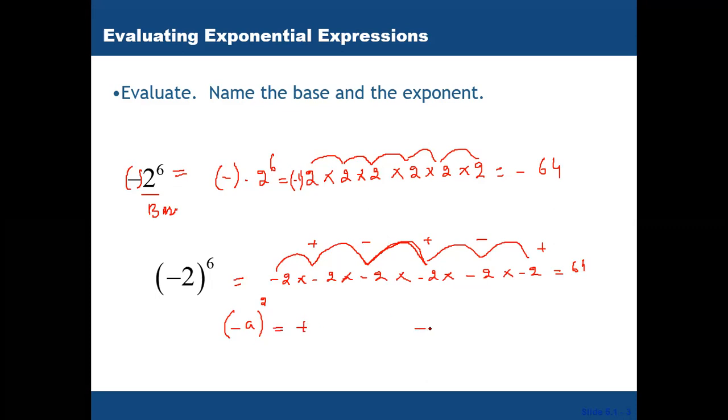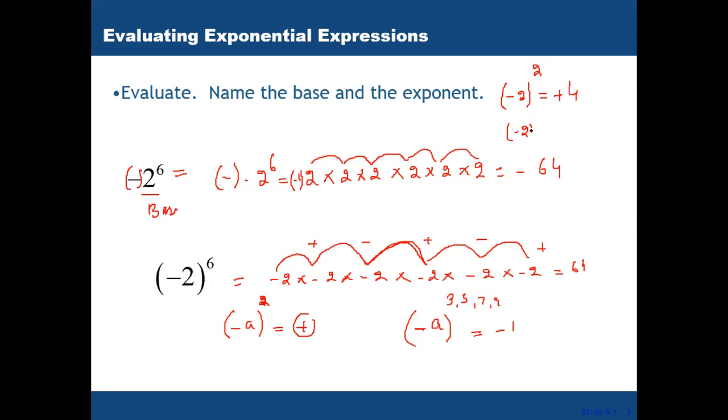So when we have a negative number, but the power is an even number like 2, 4, 6, 8, the result will be plus. But when we have a negative number and the power is an odd number like 3, 5, 7 or 9, the result will be minus. For example, minus 2 power 2 equals what? Plus 4.